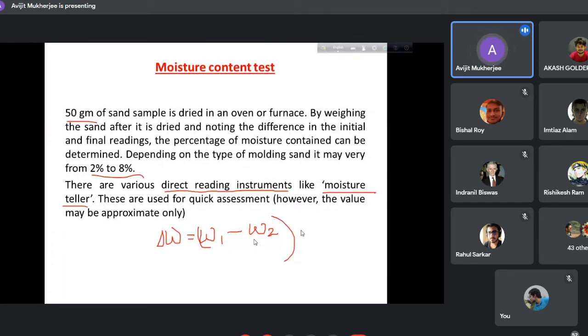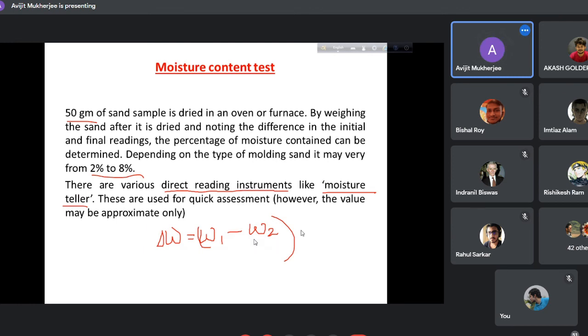Depending on the pressure of the generated acetylene, the rotation will be calibrated. And pressure again depends on the quantity of gas produced. And the quantity of gas production depends on the presence of moisture, because we are adding the same amount of calcium carbide.